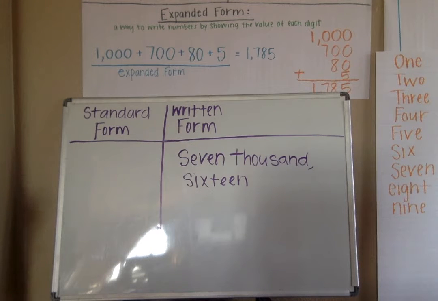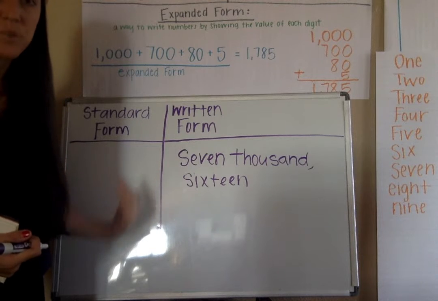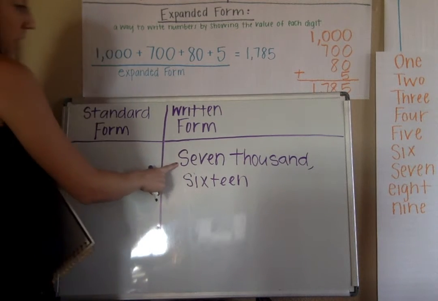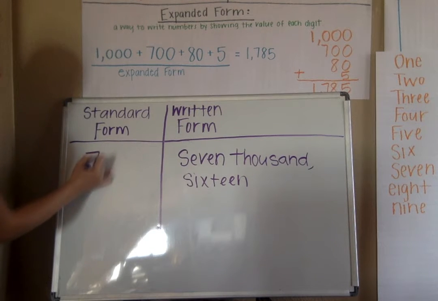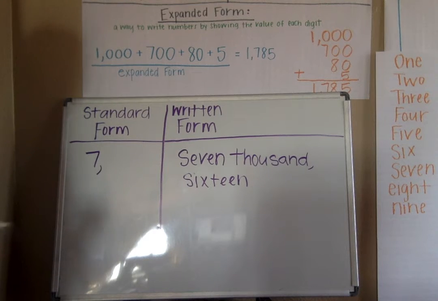I now need to put it into standard form. Again, written form is written exactly how you would say the number. So if I read this first part and it says 7,000, I know to put a 7 in my thousands place and then put a comma, because I know 3 numbers are going to come after this.